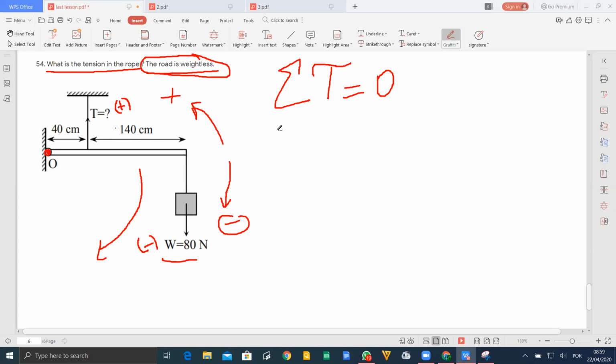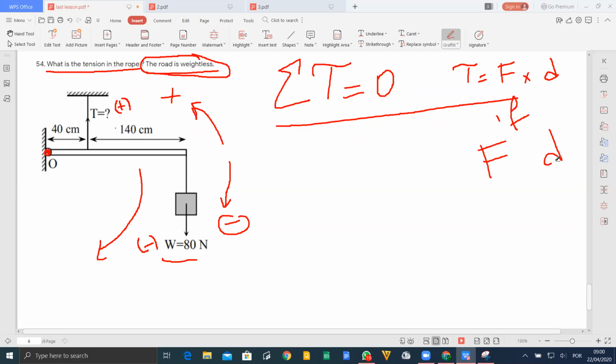So our formula is total torque is equal to 0. Let me remind you of the torque formula: the product of the force and distance, if force and distance are perpendicular to each other.